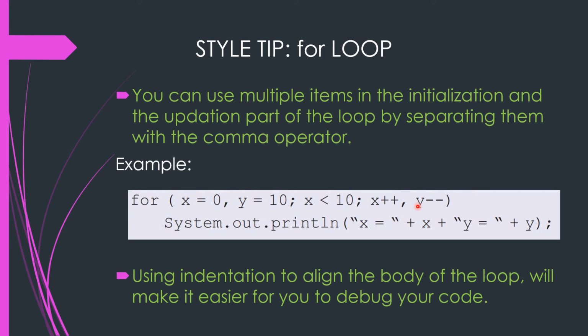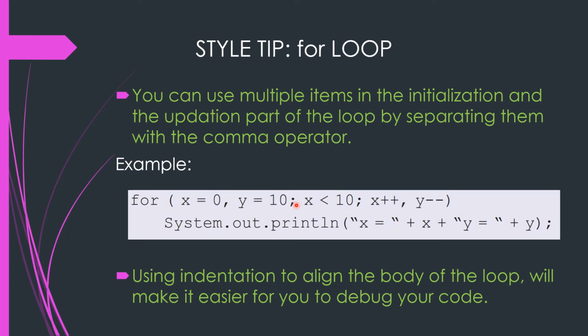So here it is being told that you can also use multiple items in the initialization and the updation part of the loop. How? We have to separate them by the comma operator. Till now, we were separating these three parts by semicolon. As we just discussed, these semicolons are used to separate these three values.